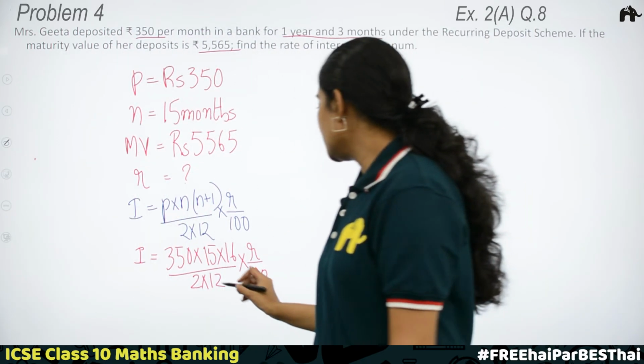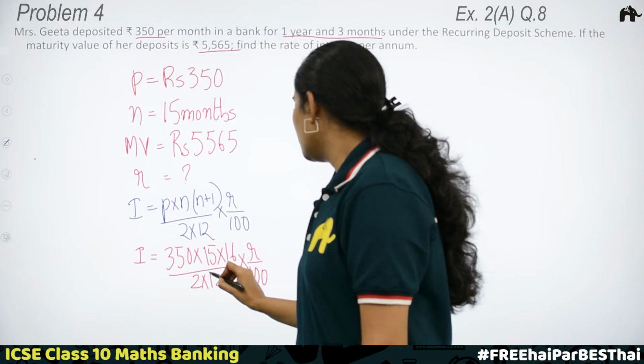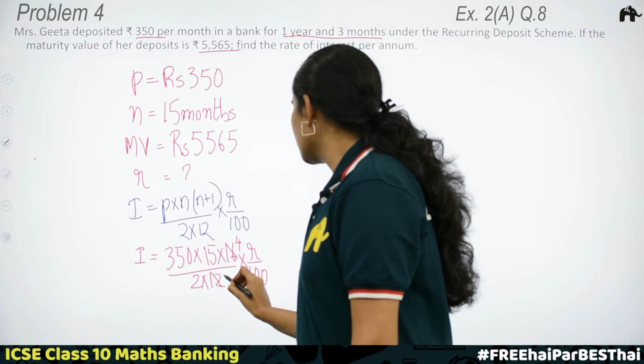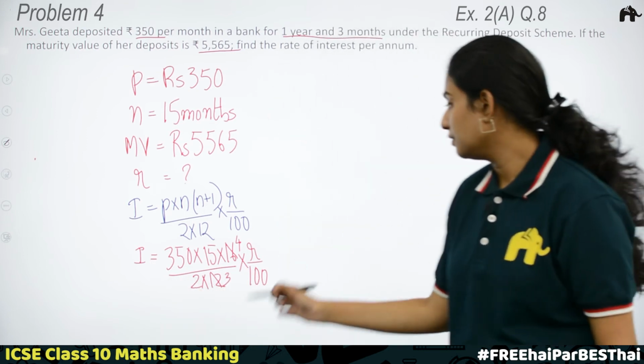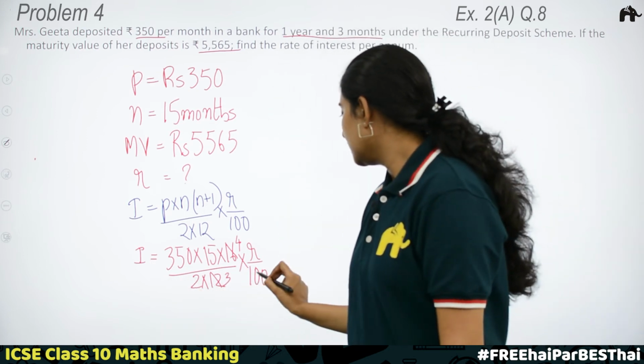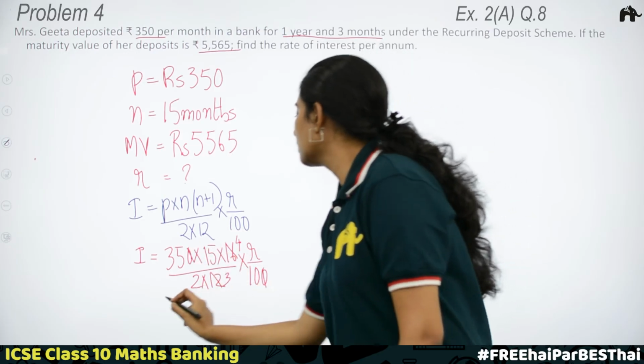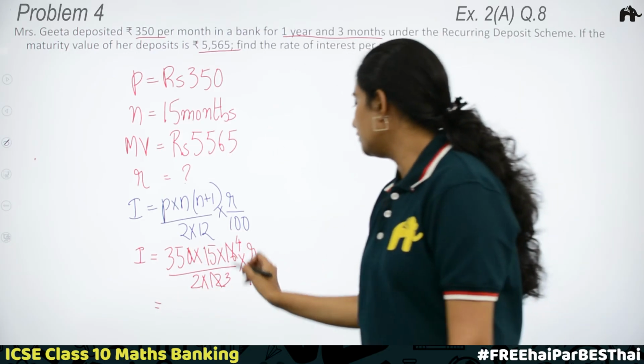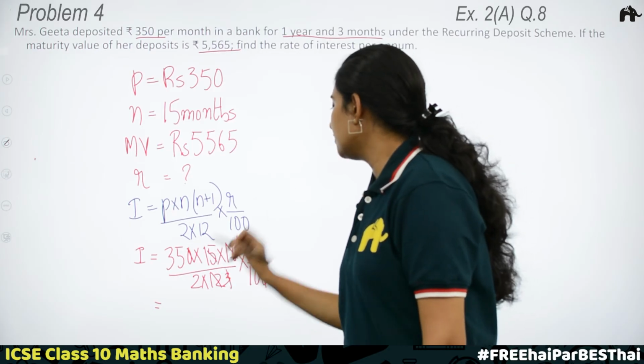Now on calculating, 12 and 16, 4, 3. Cancelling with 4. Then you can cancel a 0. 35 into 15, that is 3 and 15 can be cancelled.